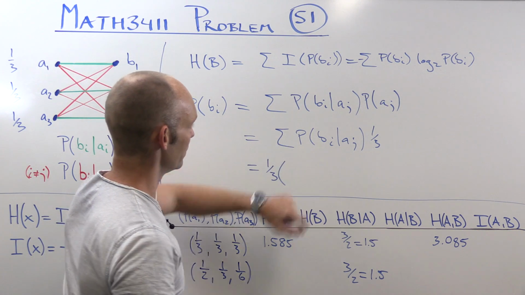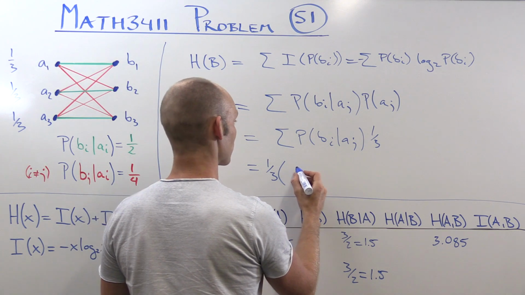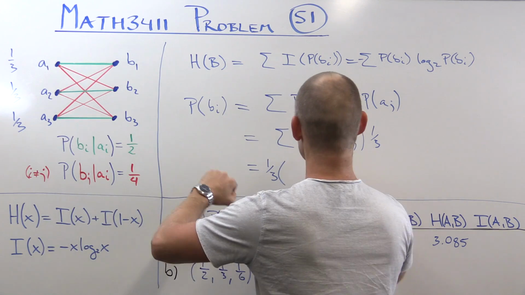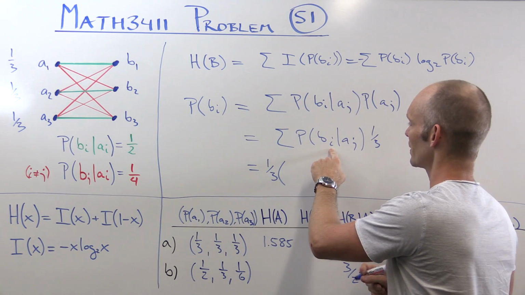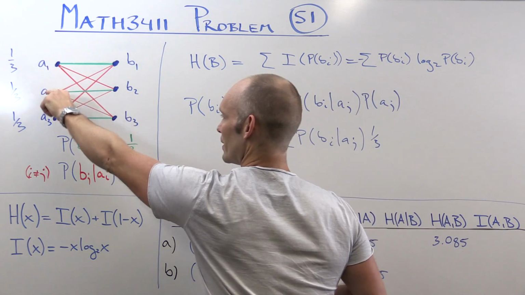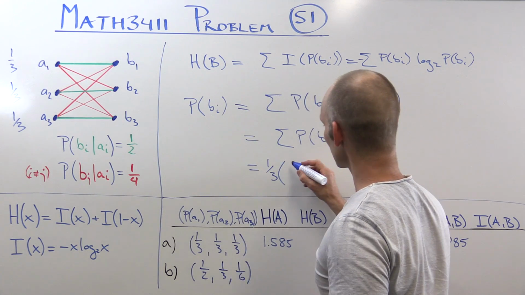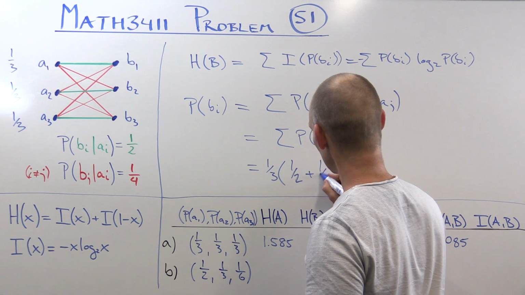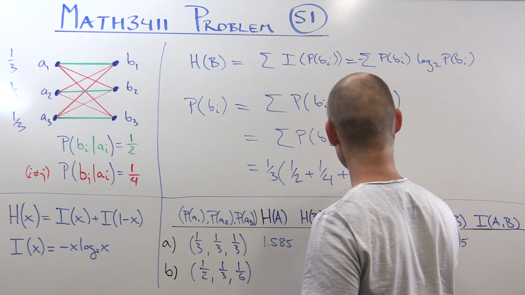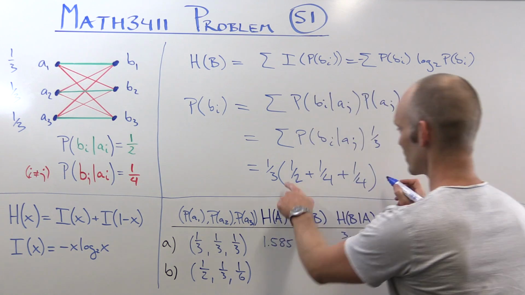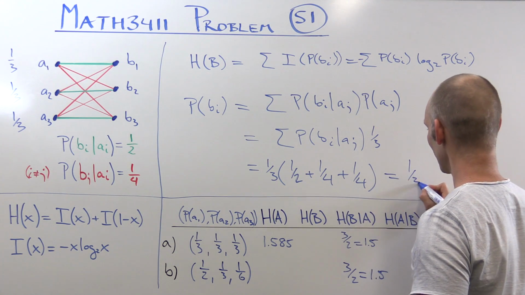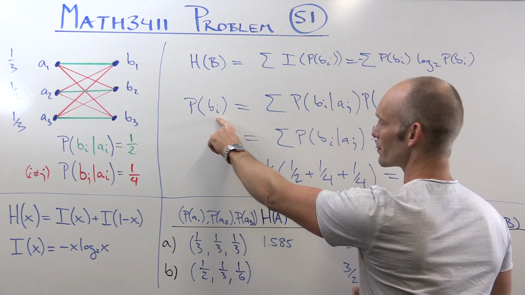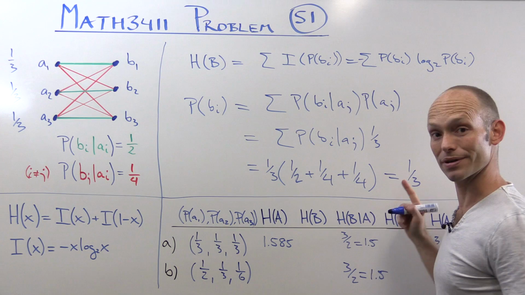That gives you then, if we put the third over here, that we're just adding up the probabilities for each of these: the probability of getting b_i, given that we came from each of these three. So one of these terms is going to be a half, the other is going to be a quarter, and finally we have a quarter as well. So this just equals 1, and we're left with a third. So apparently, because of all this symmetry, the probabilities of the b_i are just equal to a third.